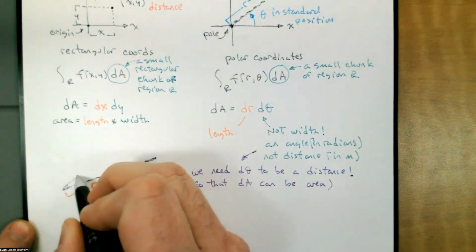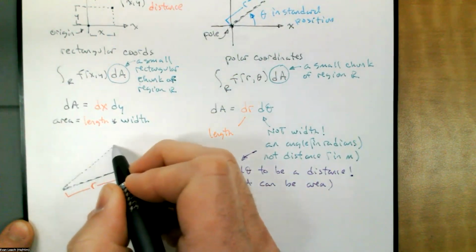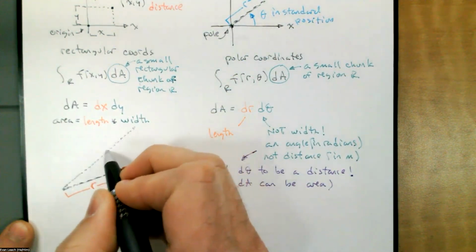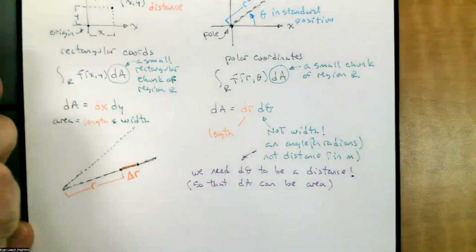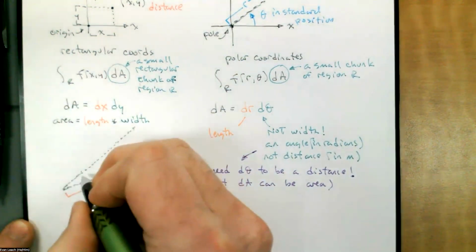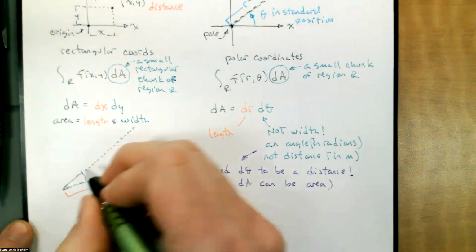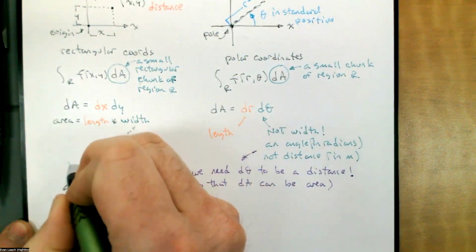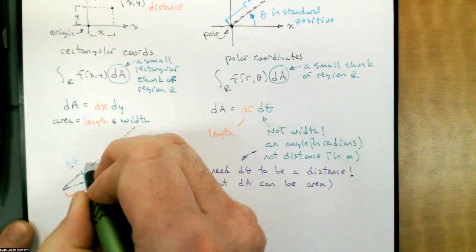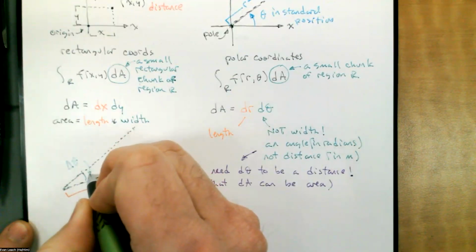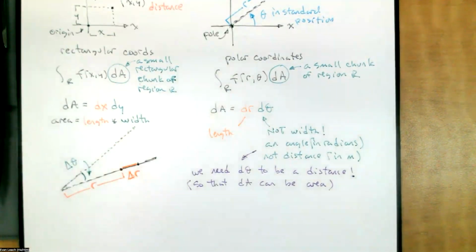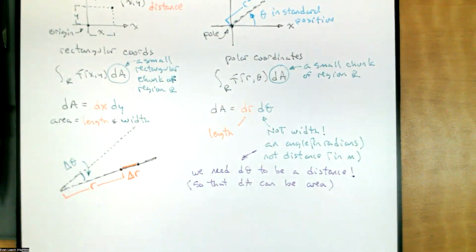This little tiny gigantic angle that I'm drawing. That's what d theta represents.